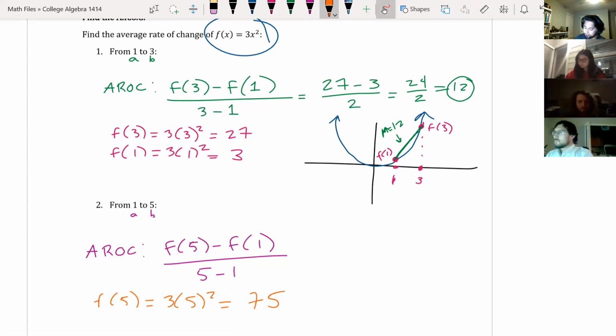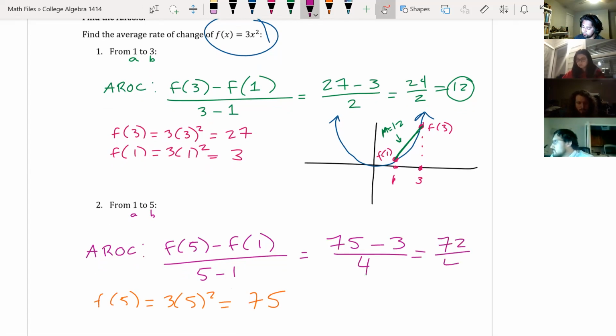That'll give me 75. You get 75 minus 3 over 4. 72 over 4. What is that, 18? And there you go. So now when x is 1 and x is 5, the rate of change between those 2 points is going to be 18. That's the slope.